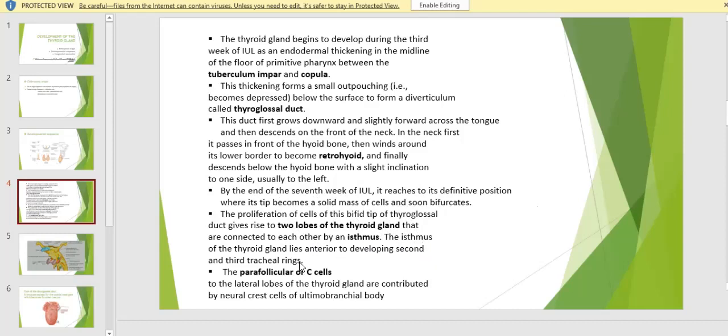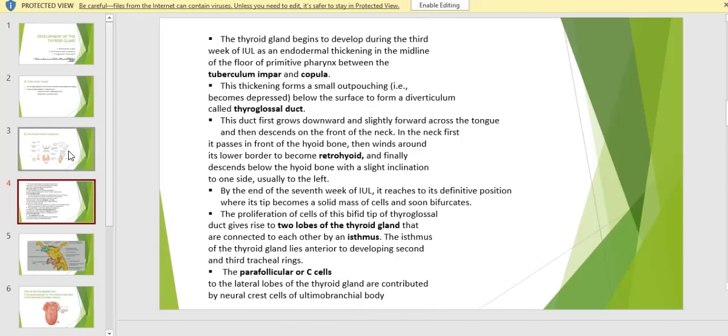The isthmus lies anterior to the developing second and third tracheal rings. The parafollicular or C cells of the lateral lobes are contributed by the neural crest cells of the ultimobranchial body. The ultimobranchial body forms the caudal portion of the fourth pharyngeal pouch.